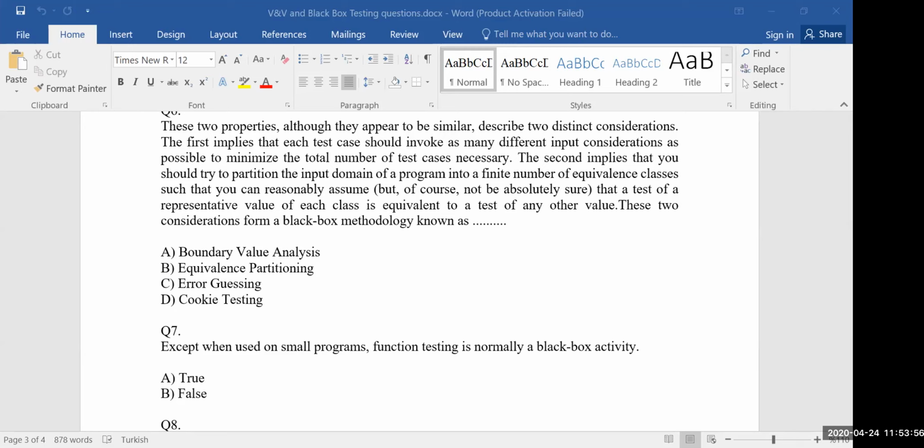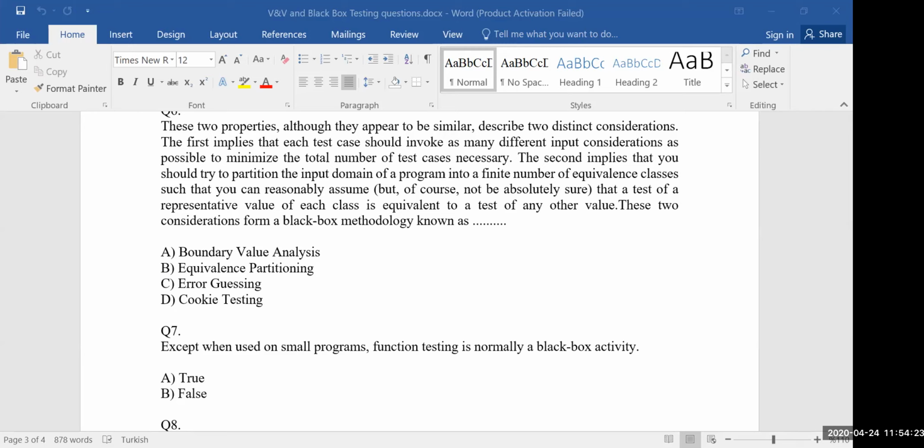Gray box testing is a combination of black box and white box testing. Actually, I was asked this question in a job interview, and they asked what gray box testing is. That is a combination of black box and white box testing.